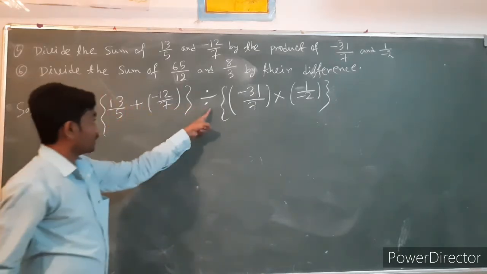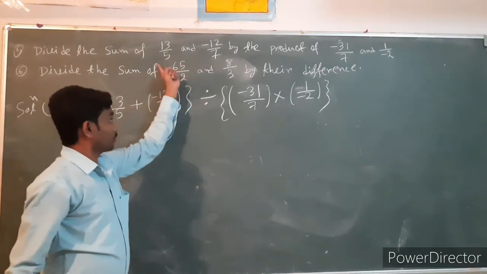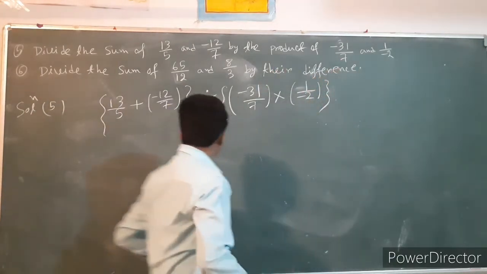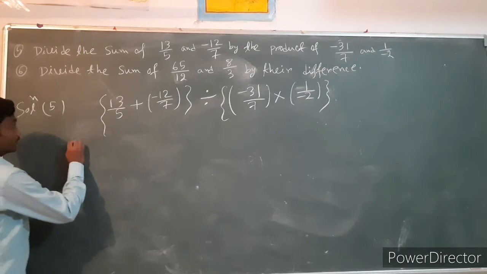So divide the sum of these two by the product of these two.